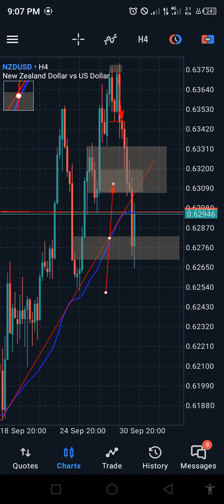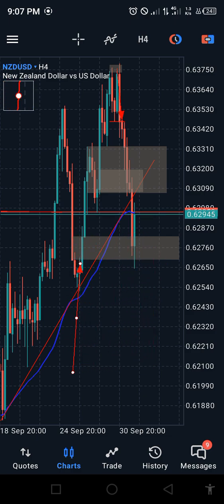We said that if price was supposed to bounce off this trend line, it is going to react at this point here, at this point where we have the inner gray bar. So if price did not bounce in that particular zone, it is going to give a fake out, and that fake out is going to reach into this zone.